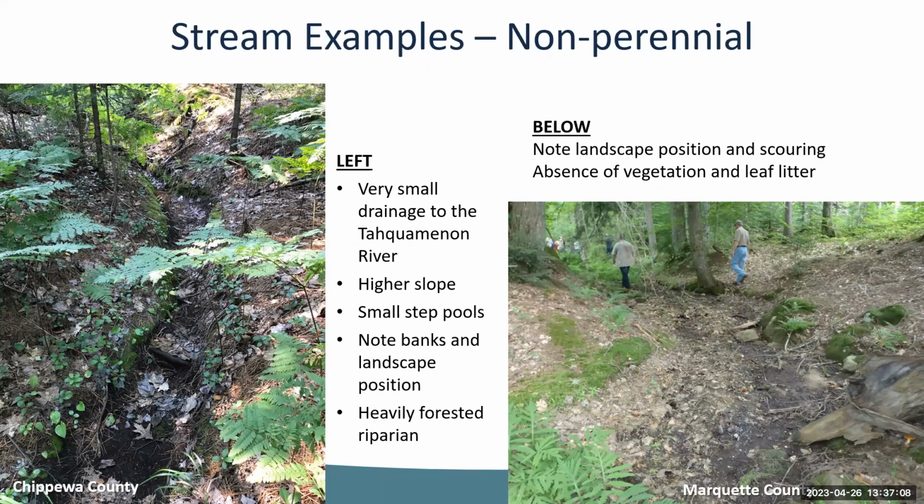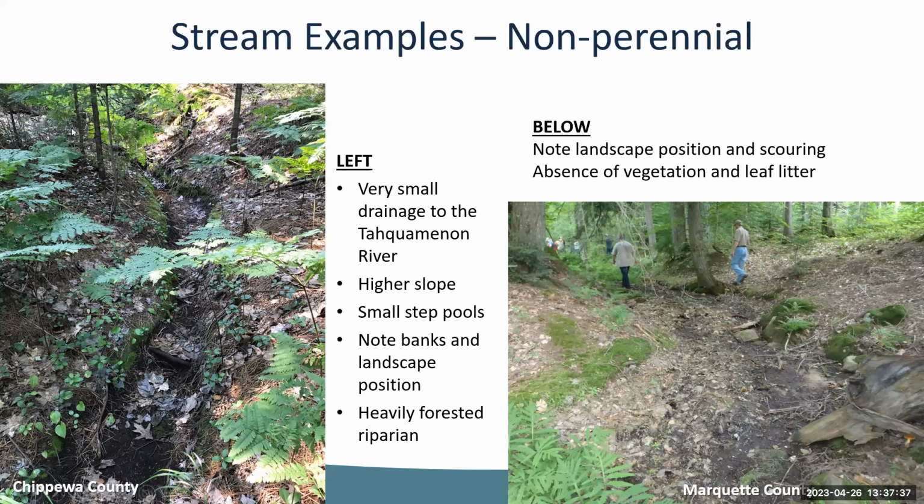So now we're moving into the even drier spectrum of the non-perennial streams. On the left, this is a very small drainage to the Tequamenon River. I suspect this only flows in response to rain and runoff during rain events. It has a higher slope. It has very small step pools in this system.